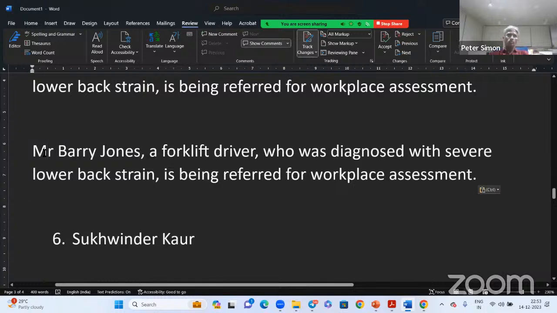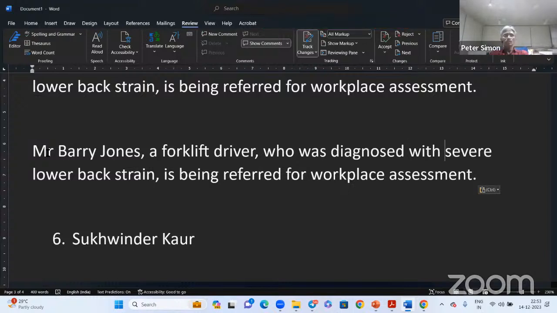Mr. Barry Jones, very good. A forklift driver who was diagnosed with severe lower back strain is being referred for workplace assessment. So he did not give anything like a referred or okay, anything he did not give.